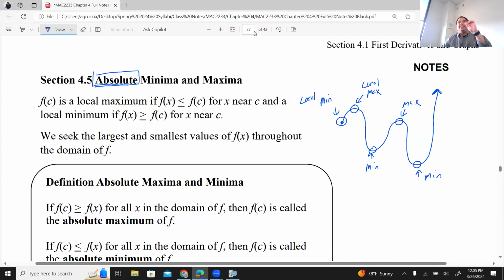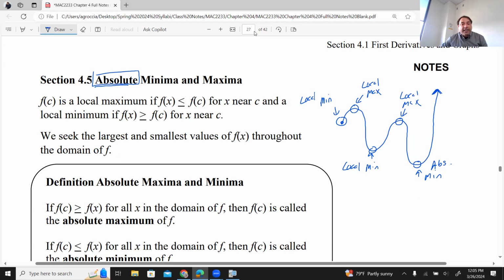Absolute means the highest point or the lowest point. So what about this min, the third one? That's a local min. It's not the lowest point. What about this max? Local max. And then what about this min? This would be an absolute min. Now, why is it an absolute min? Is there any point in this entire graph that's lower than that?